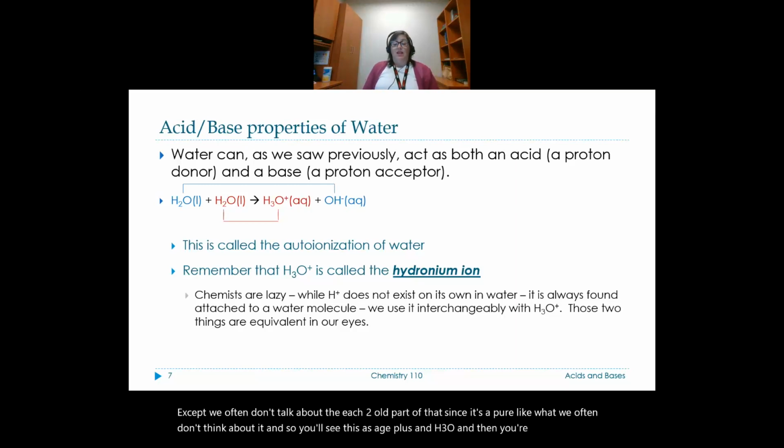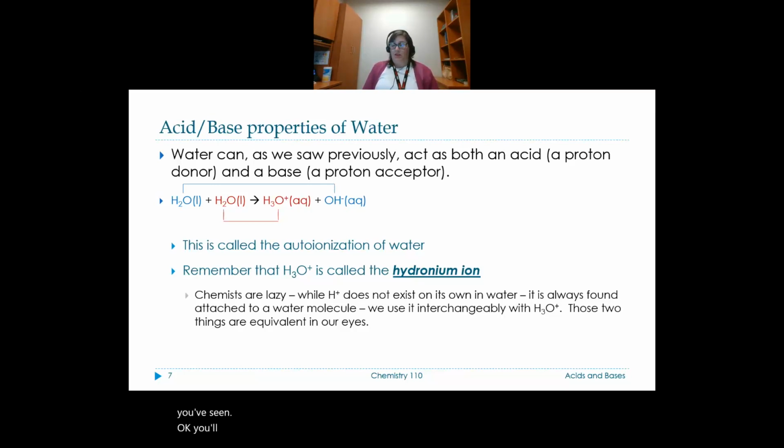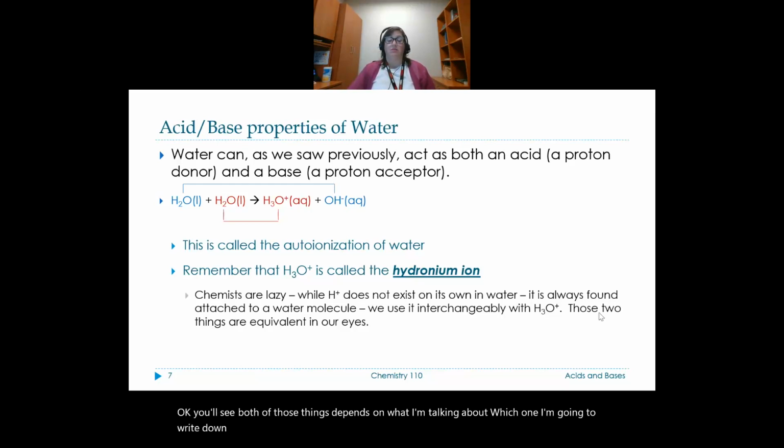They are technically always exactly the same thing. They are always H3O plus, but we don't always write them as H3O plus. H plus is actually H3O plus anytime you see it. You'll see both of those things. It depends on what I'm talking about, which one I'm going to write down. That is a convention that a lot of chemists have. So that's what you're talking about there.